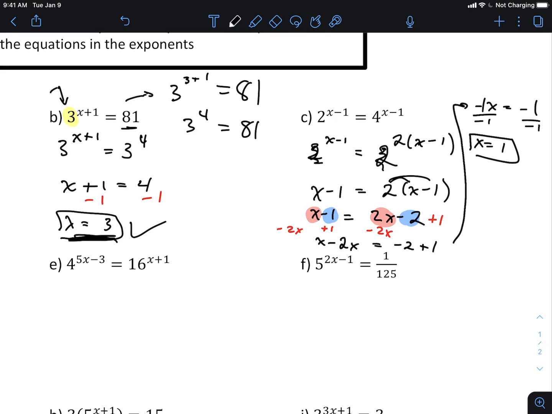Now you can 100% confirm that that is correct by taking x equals 1 and plugging it into where you see the x's. And you should get left side equals right side. Just like a normal check when you guys check stuff. So do we have any questions? You're going to follow those same 3 steps. The only thing that changes is the equations that are in the exponents, right? And so again, it comes down to your practice, being able to solve these things.